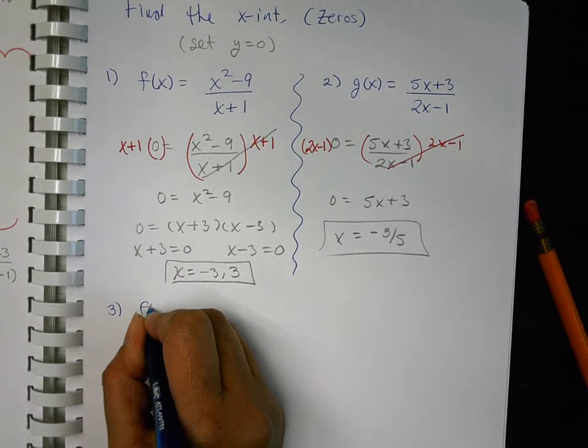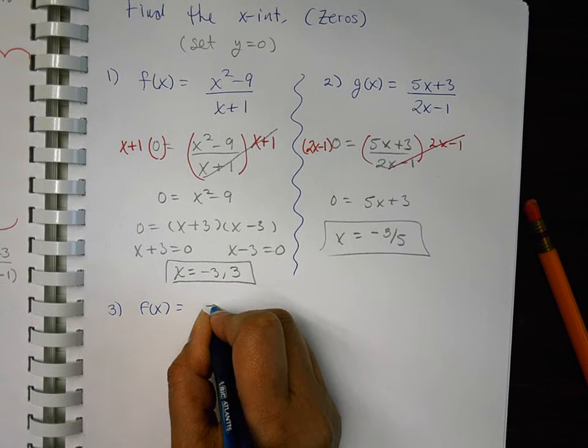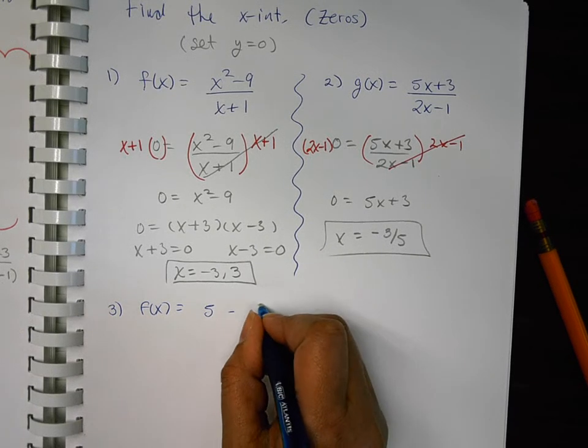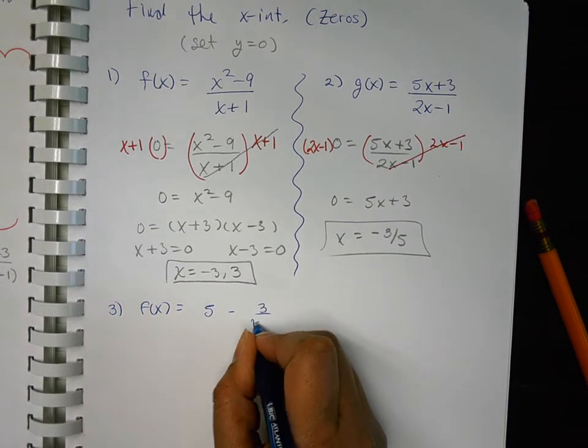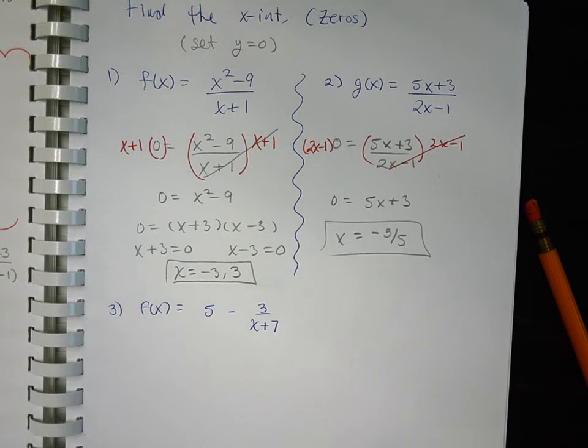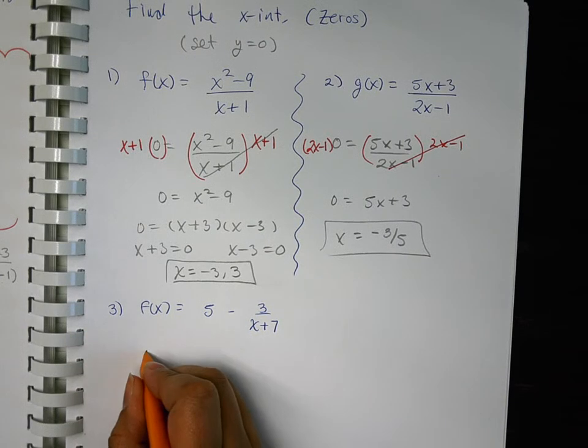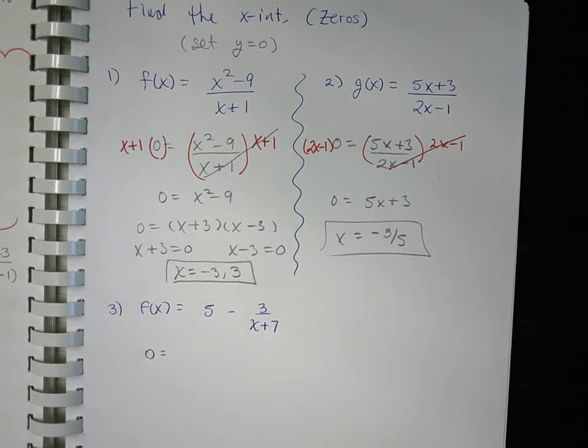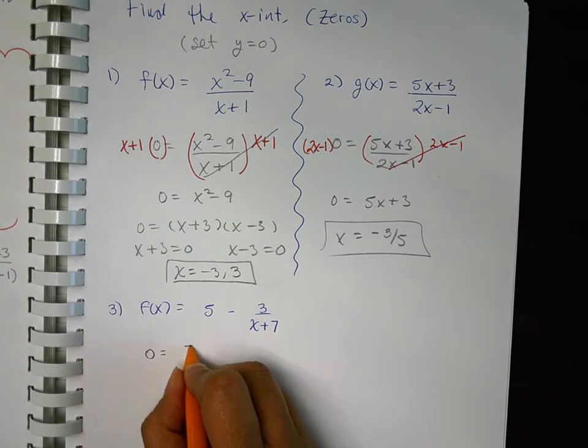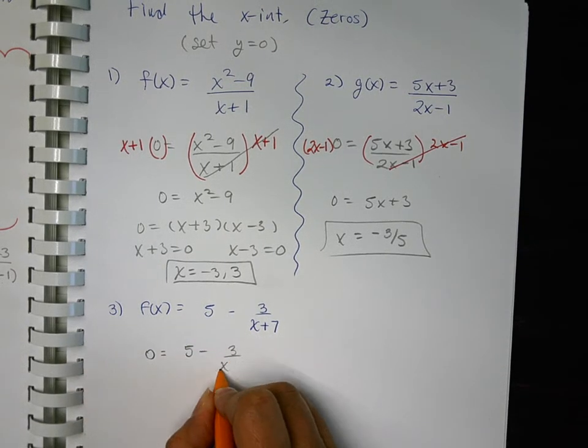f of x equals 5 minus 3 over x plus 7. Okay, this one is a little different. Okay, 0 equals 5 minus 3 over x plus 7.